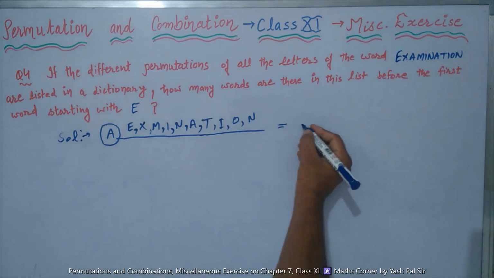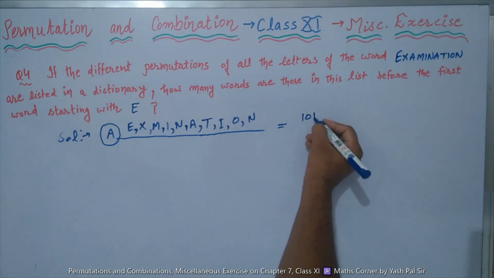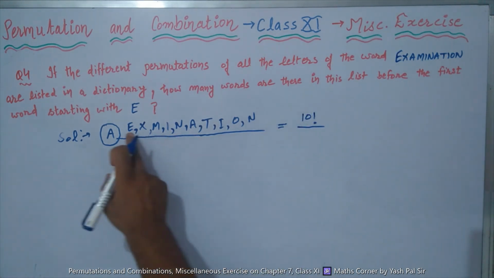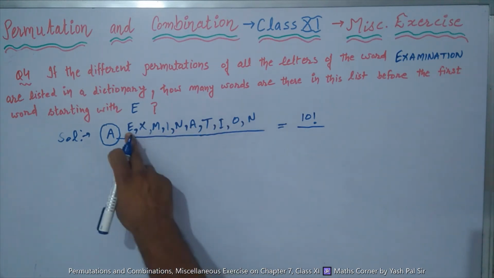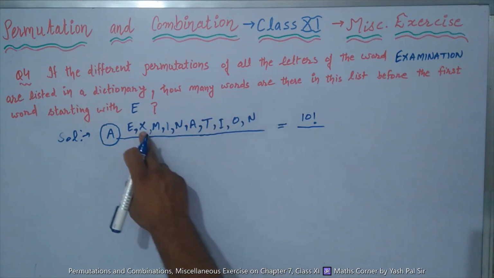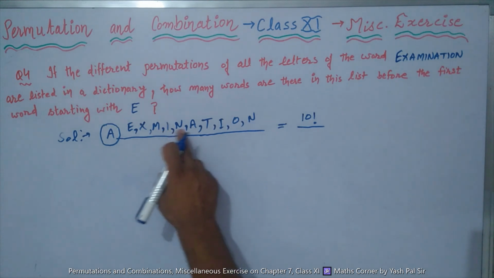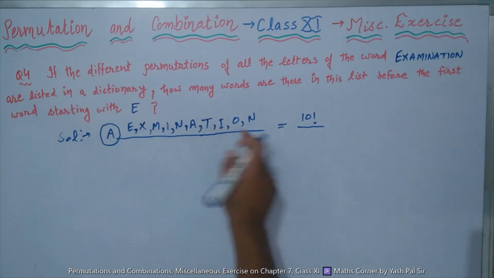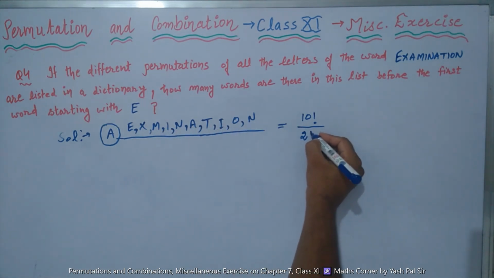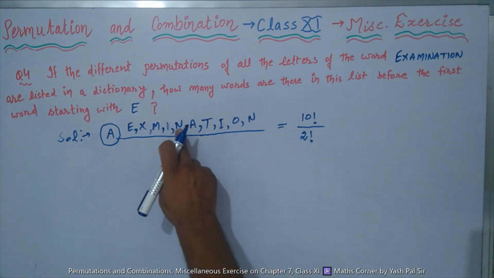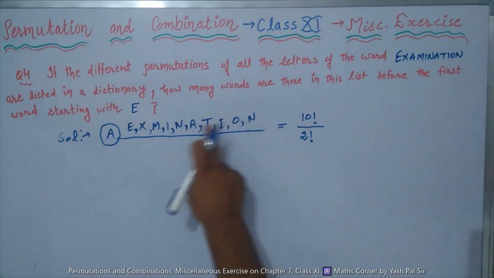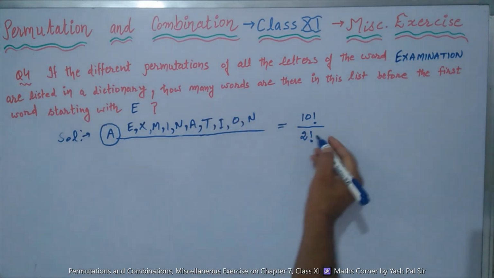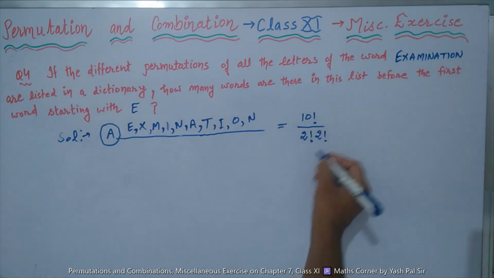So we say here 10 factorial divide. If there is any repetition in any letter, E is repeated any time? No. X is repeated? No. M is repeated? No. I is repeated 2 times. So we have to write in the denominator 2 factorial. N repetition? Yes, 2 times. So we have to write in the denominator into 2 factorial.